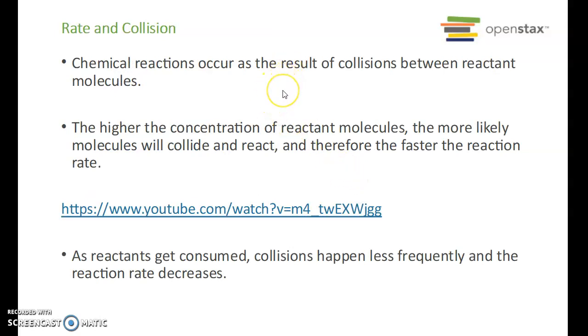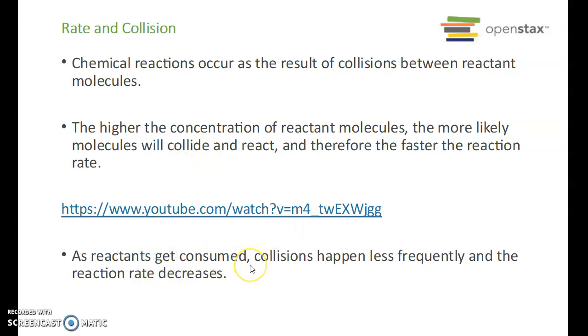Let's talk about rate and collision. The reason something at a higher concentration reacts more readily is because it's more likely to run into another molecule. Chemical reactions occur as a result of collisions between reactant molecules. The higher the concentration, the more likely they are to collide, and the faster the reaction will proceed. There's another YouTube video here that you can watch to see how rapid it goes.